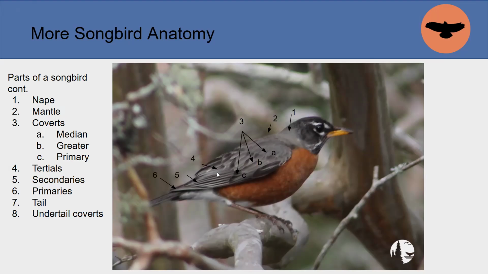So there are different layers to those, and I'll show a photo in a second of it unfolded. And then we have a tail. Hooray! There's not too many more parts than just tail. And over here, there's undertail coverts as well. These coverts, again, cover more of the muscly area that's doing the work and holding these feathers together so they can do what they need to do and fly in the air.